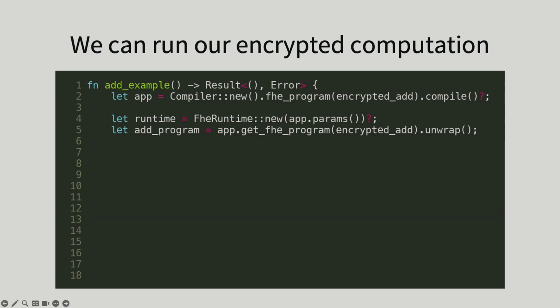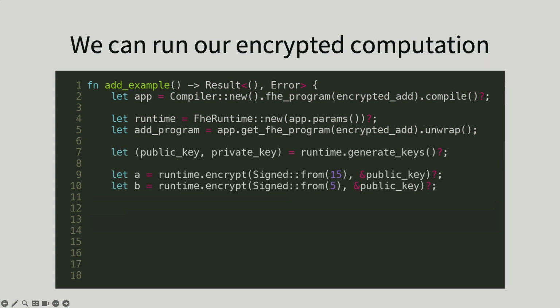It basically runs your program to figure out the optimal parameters to make your computation fast and yet still secure. You then pass these parameters to a runtime and get out the FHE program that you want to run. With that runtime, you can generate the keys in order to generate encrypted data. This is like SSH or any sort of asymmetric key system where the public key is used for encrypting and the private key is used for decrypting.